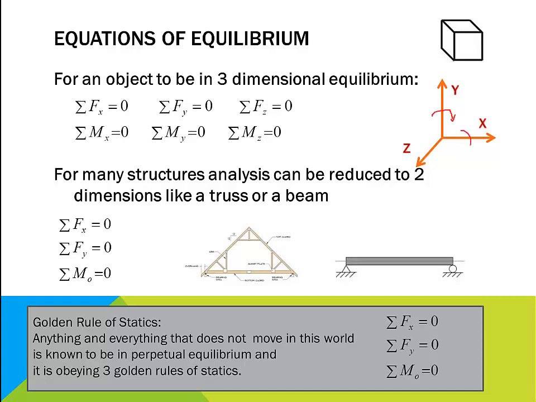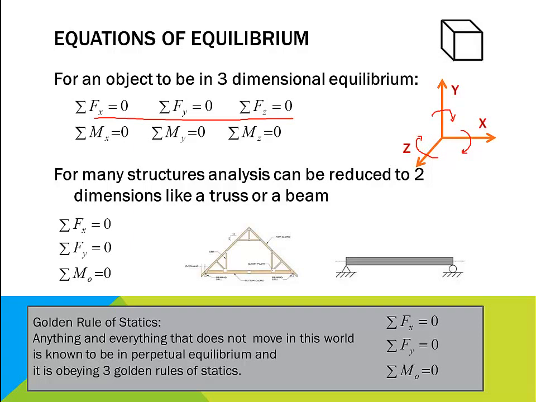Moment about y, moment about x and moment about z should be 0. This can be written in terms of 6 equations. Summation Fx equals 0, Fy equals 0 and Fz equals 0. Similarly, moment about x equals 0, moment about y equals 0 and moment about z equals 0.